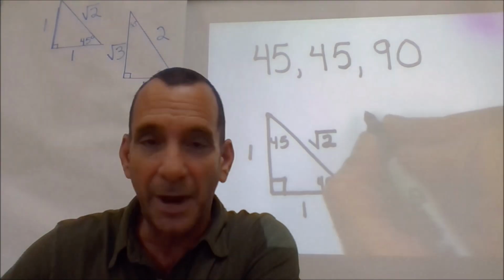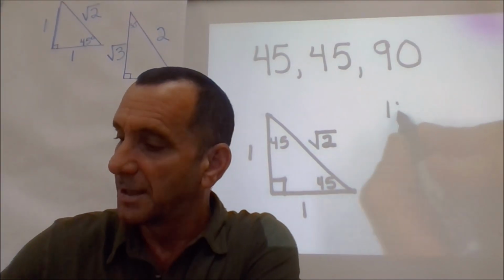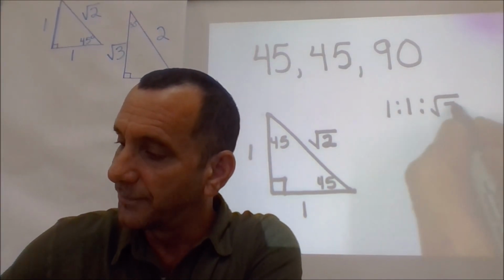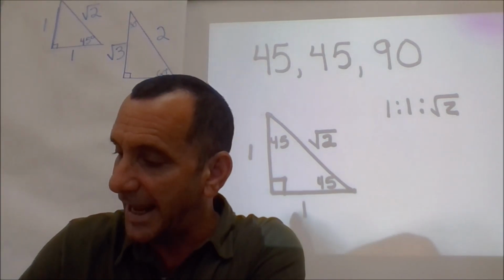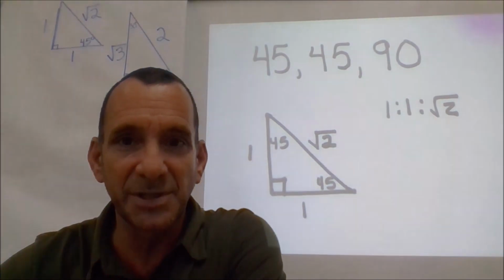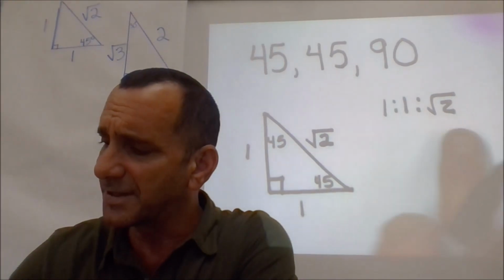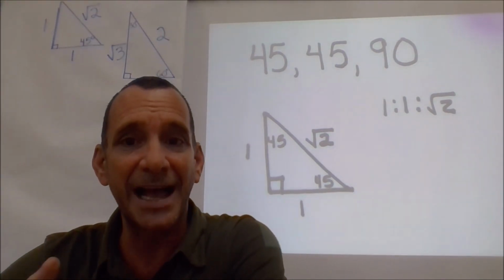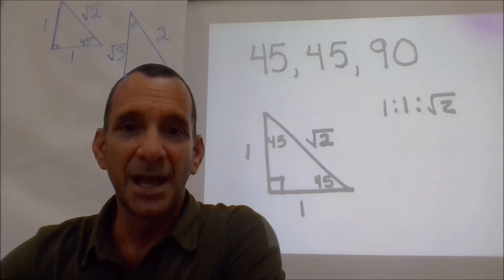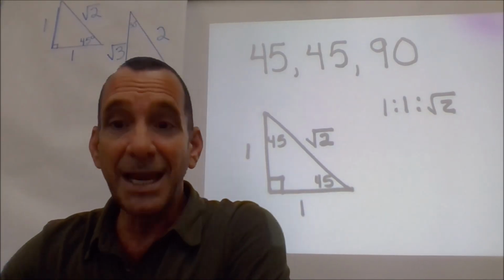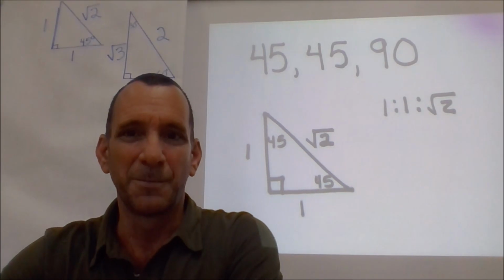Now this is a ratio. I could write it as a ratio, 1 to 1 to the square root of 2. And sometimes you'll see an x and an x and x times the square root of 2. But really this is a ratio of sides to the hypotenuse that we can solve any problem knowing this ratio.